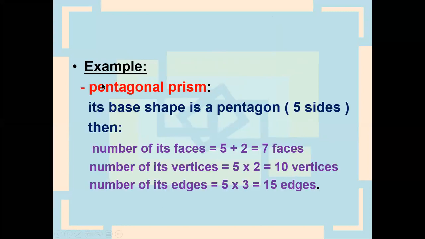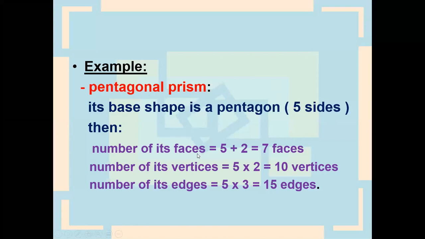Example, concentrate. For example, pentagonal prism. The base here is a pentagon, because of the name, pentagonal prism, the base is a pentagon. How many sides in the pentagon? 5 sides.